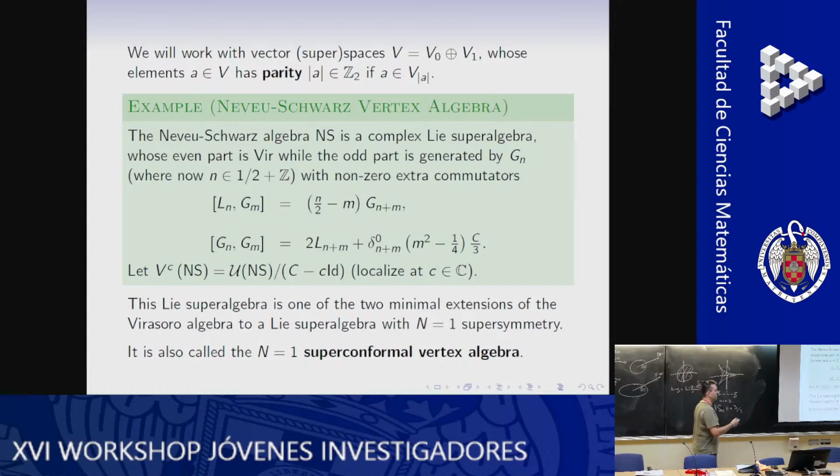Una vez más, cojo el álgebra asociativa universal y localizo. Entonces, esta es una de las dos extensiones mínimas del álgebra de Virasoro a superálgebras de Lie, que tienen una supersimetría. Y es por ello que también en la versión de álgebras de vértices se la conoce como álgebra de vértices superconforme N igual a 1.